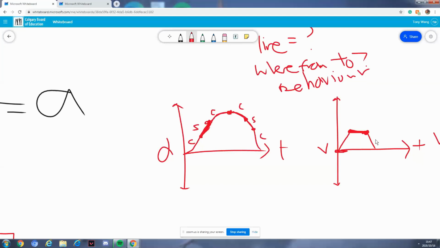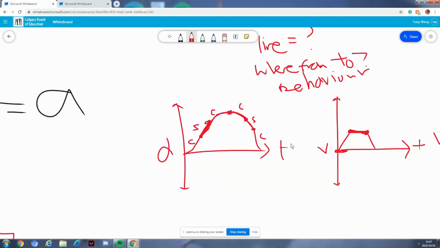Wait, no, it's a steeper line. No, wait, no. What are you trying to say right now? I'm just trying to say what kind of line it is.